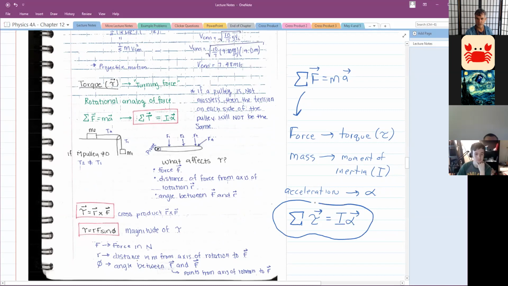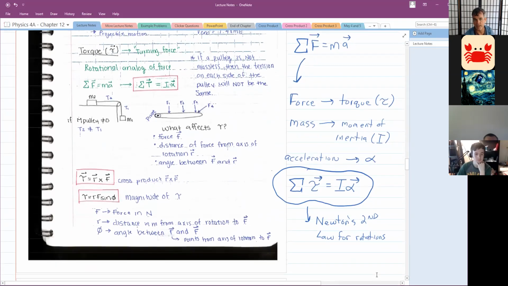This is Newton's second law for rotations. Again, I'm not deriving it for you. You can look up the derivation, but it is the exact analog of Newton's laws, but for angular motion.